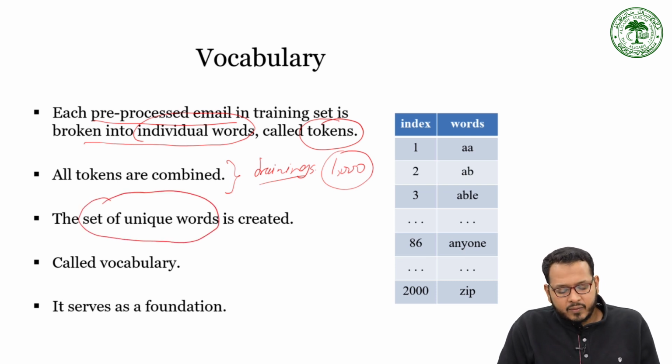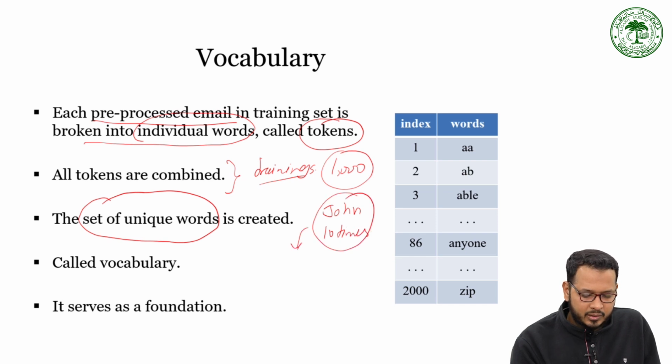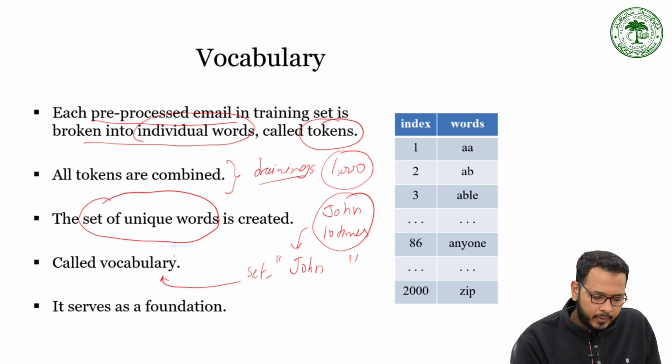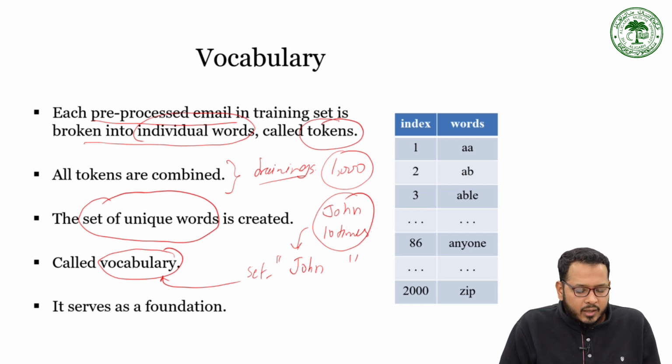Maybe the word John appears 10 times after combining all the emails, but we keep John only once in this new set, and this set is called the vocabulary.